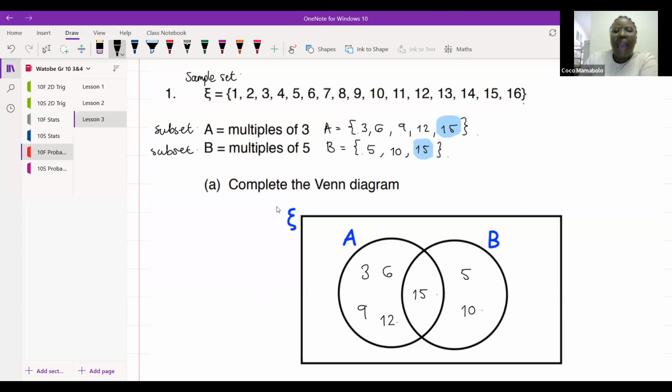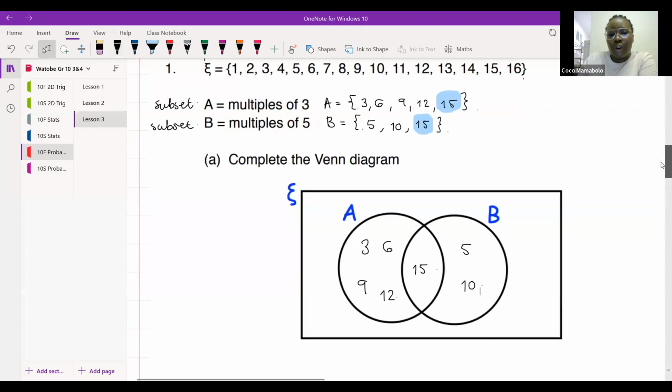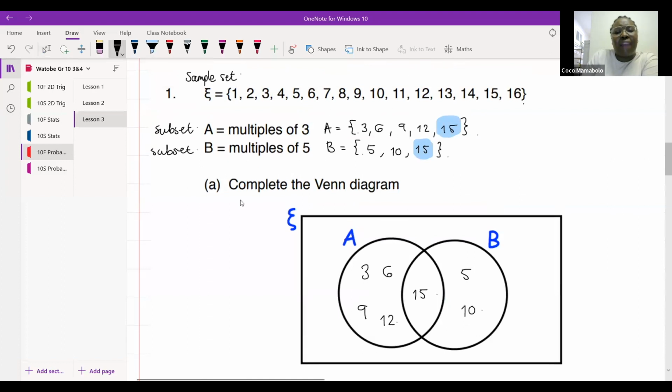Now, am I done? Is that all that I needed to do? No, not at all. Because my sample set is still the rectangle and I need to include everything else that hasn't already been included in the subsets. So I know that 1, 2, 4, 7, 8, 11, 13, 14, and 16 have not been represented.